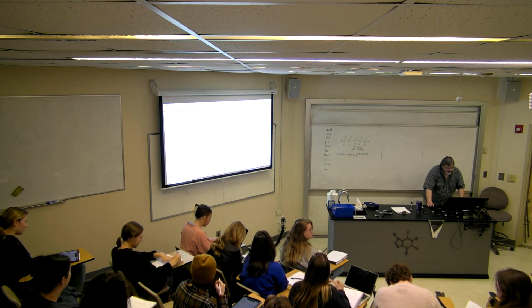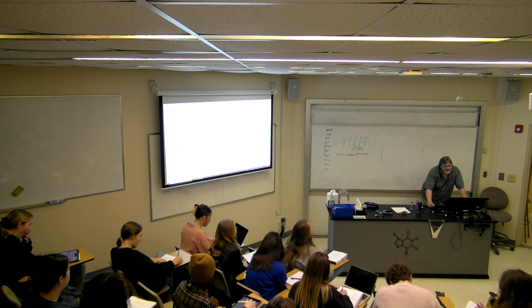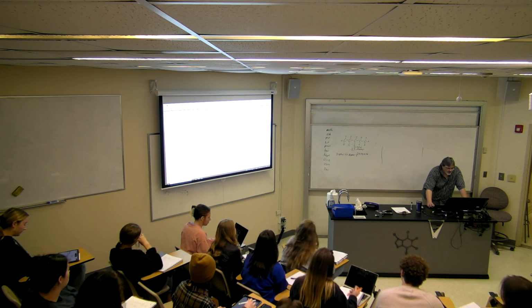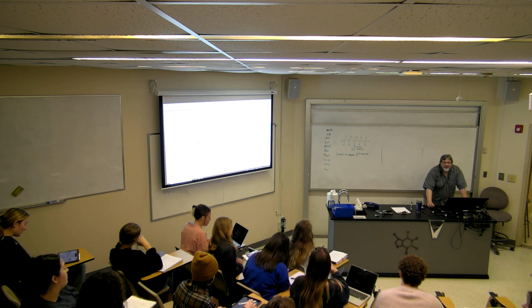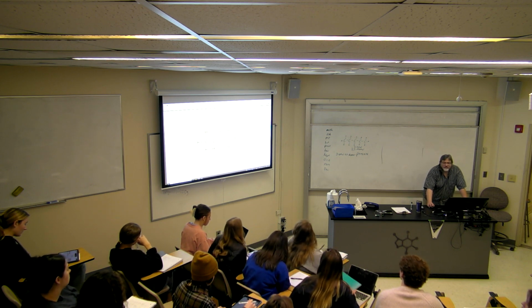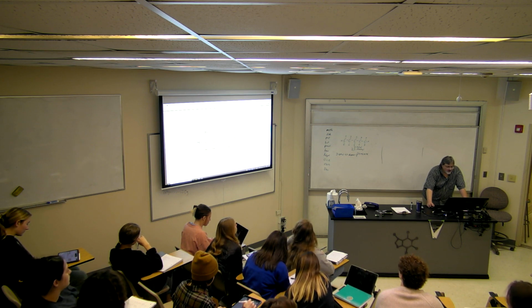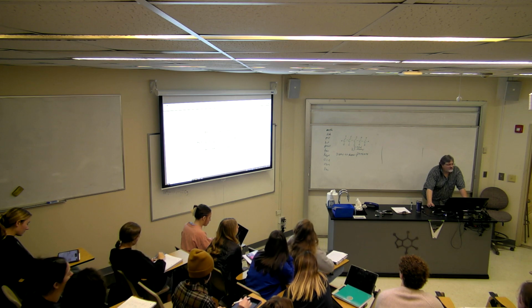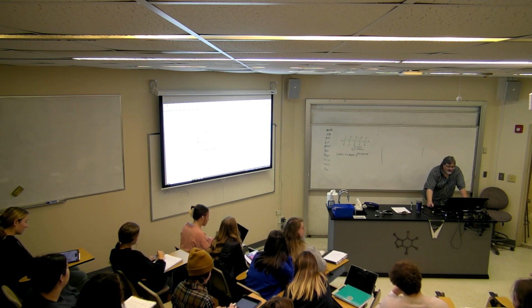There's branched. There's 2 branched. This is 2,2-dimethyl propane. You see it? This is 2-methyl butane. You see it? 2,3-dimethyl butane. Does it make sense? Do practice these.